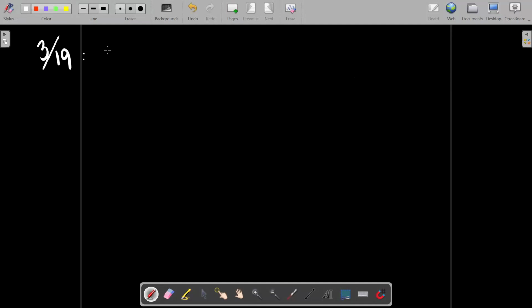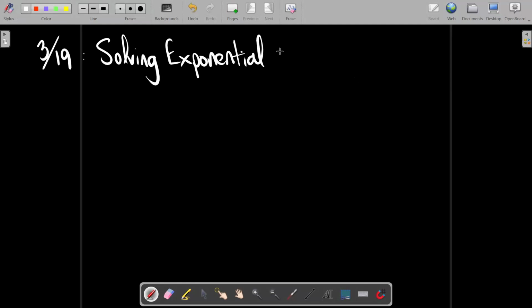And we are going to start today solving exponential equations. And to be clear, exponential equations are not equations that have exponents. They are specifically equations where the variable is in the exponent, okay?